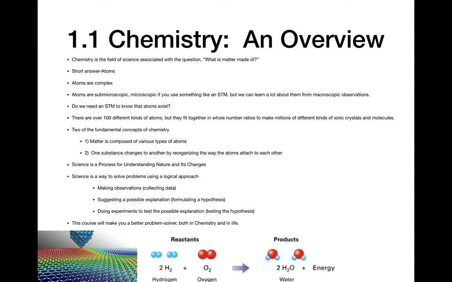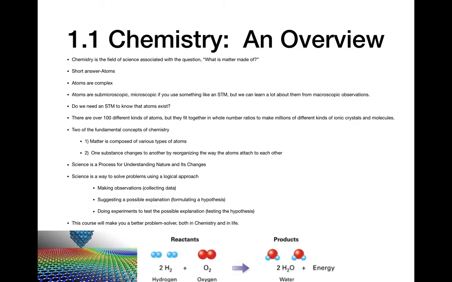Atoms are generally what you'd consider submicroscopic. Microscopic means you have to use a microscope to see it. The kind of microscopes that you had in biology class would not work for seeing atoms. And so atoms are submicroscopic.